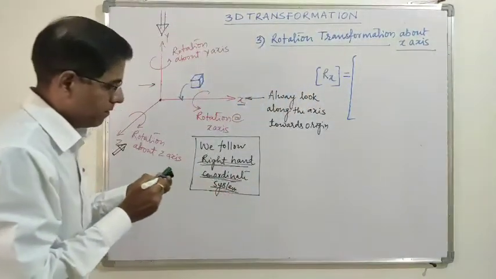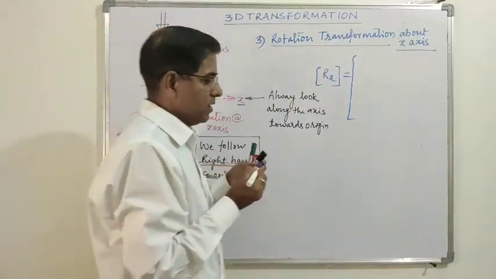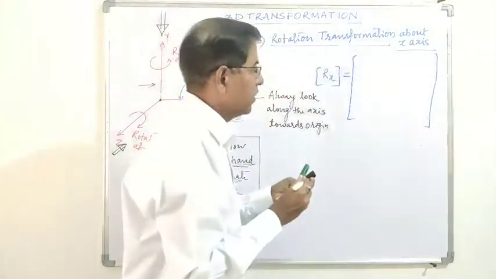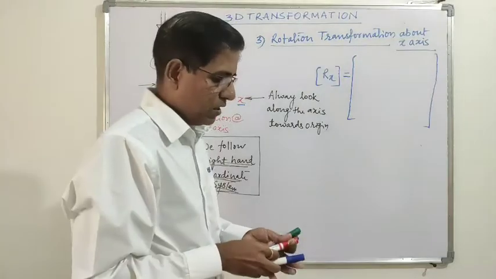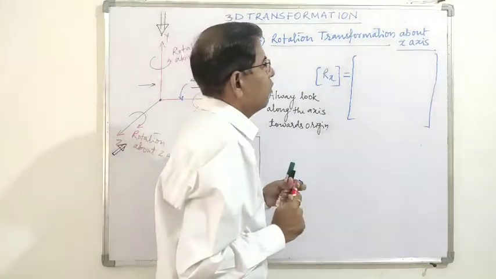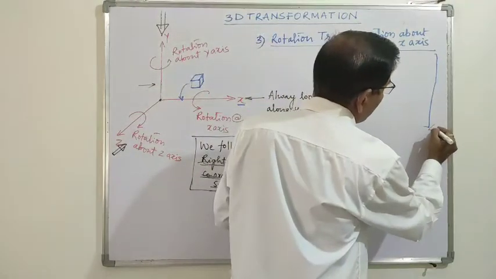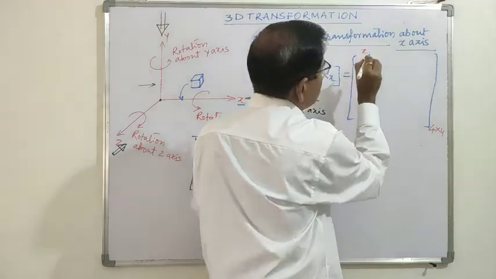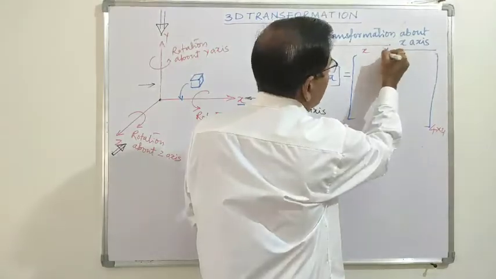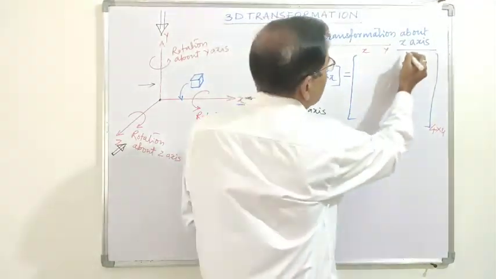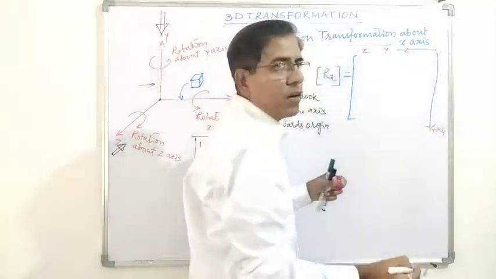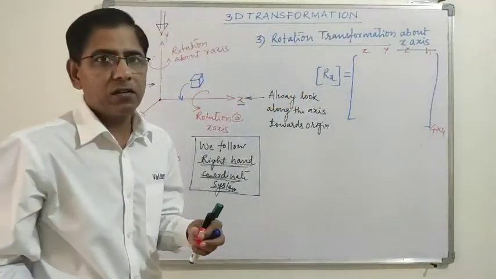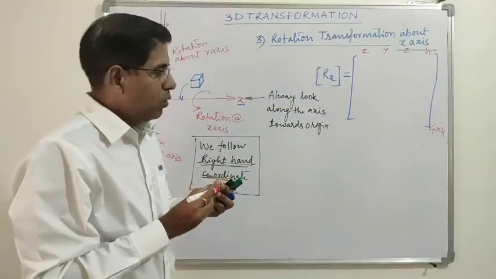Now we know that the size of a 3D transformation matrix is always 4 by 4, where the first column represents x coordinate, the second column represents y coordinate, the third column represents z coordinate, and the fourth column represents the homogeneous factor.